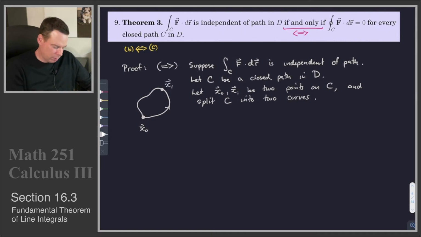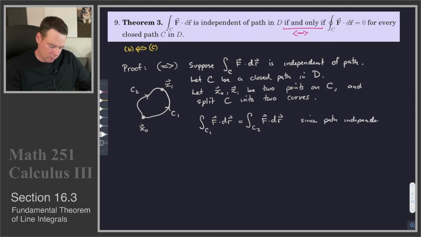And we've used that to split our curve C into these 2 curves, C1 and C2. Because we know by our assumption that the integral is independent of path, then we have that the integral along C1 of f dot dr is equal to the integral along C2 of f dot dr, since it's path independent. So that was our assumption, and there's where we used it.